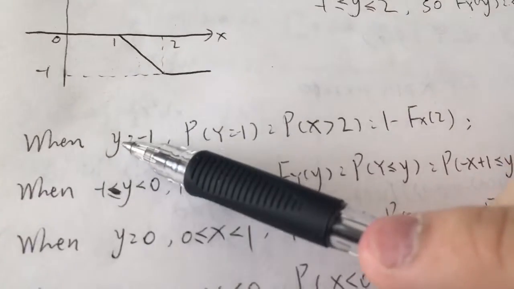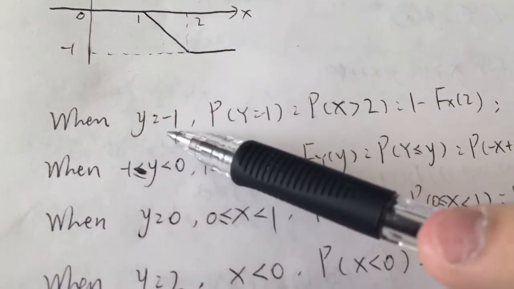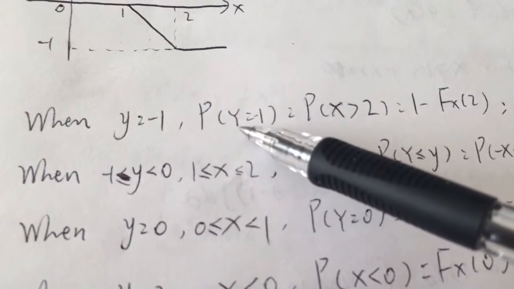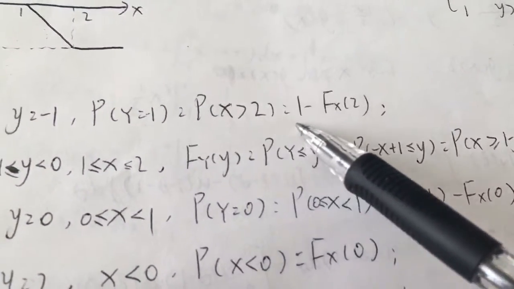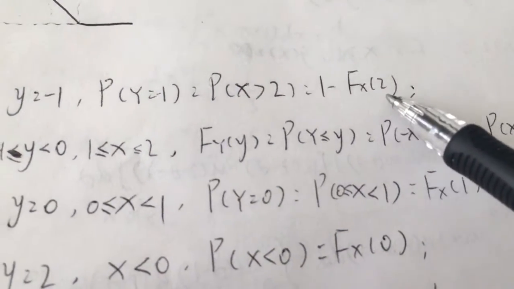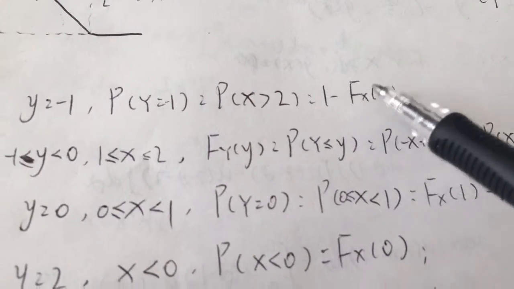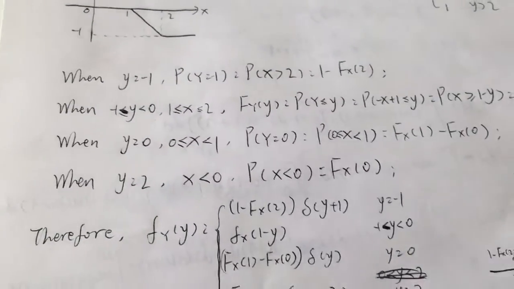When y is equal to -1, the probability that y equals -1 is this, and it's very easy to get. So we got this: 1 minus the distribution function of x when x equals 2. Okay, so we got this.